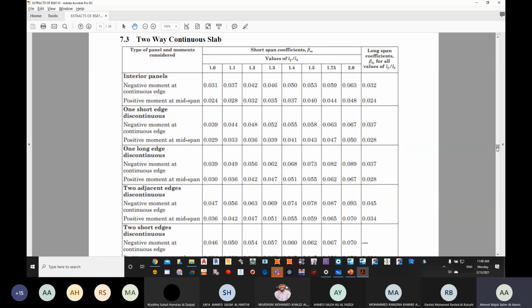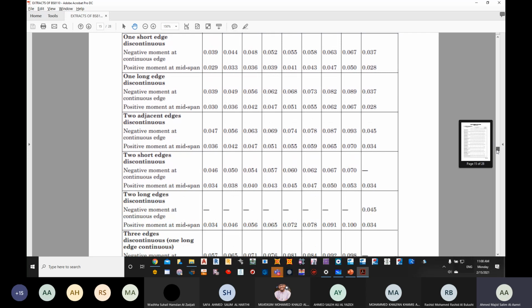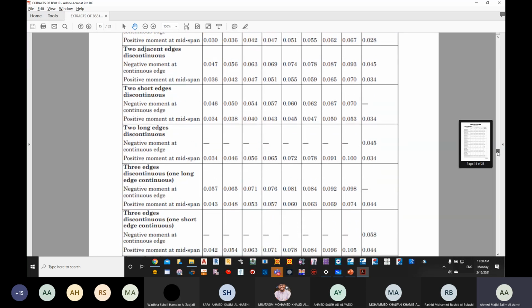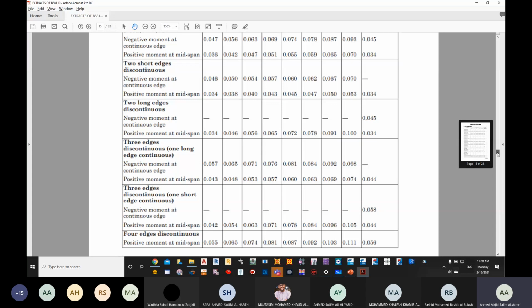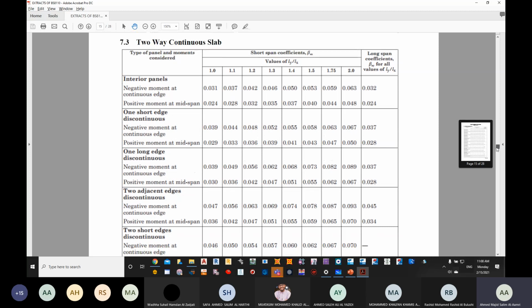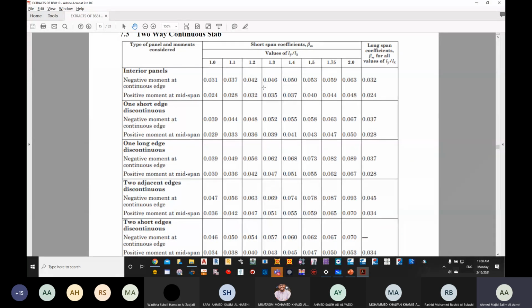Different scenarios are there. So two short edge discontinuous, two long edge discontinuous, three edges discontinuous, and then four edges discontinuous. You need to understand each one of them in order to pick the correct coefficient. If the coefficient is wrong, your bending moment is wrong, your area of reinforcement is wrong, and the full design is wrong. Okay, so you need to be very careful at picking the correct values.